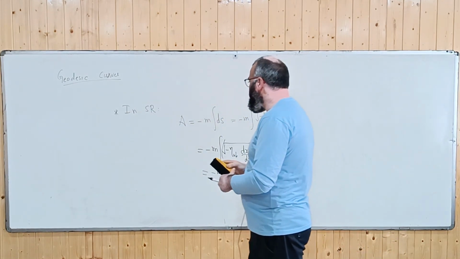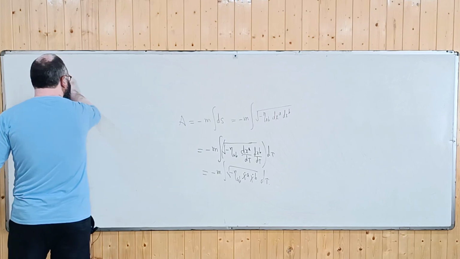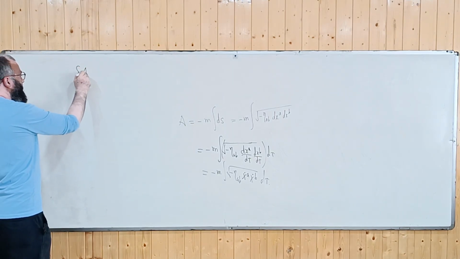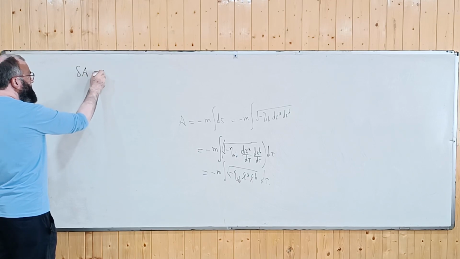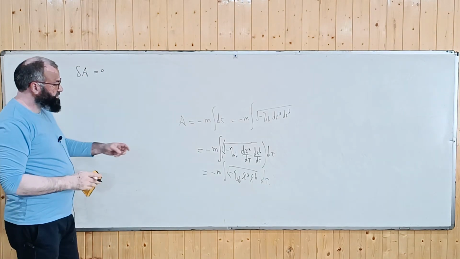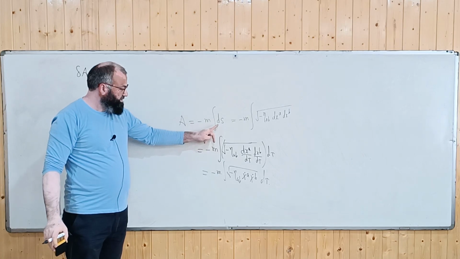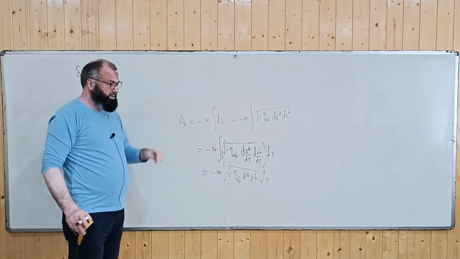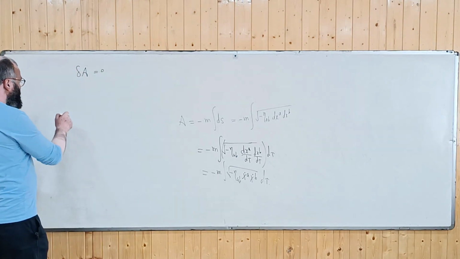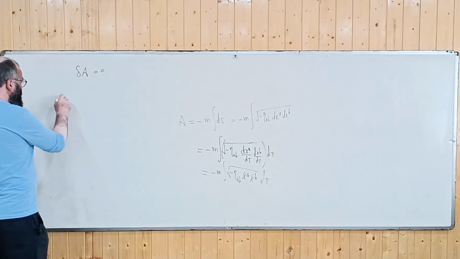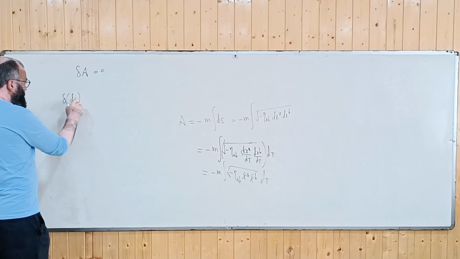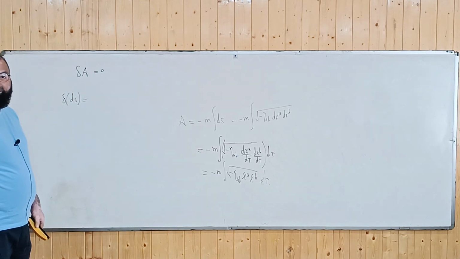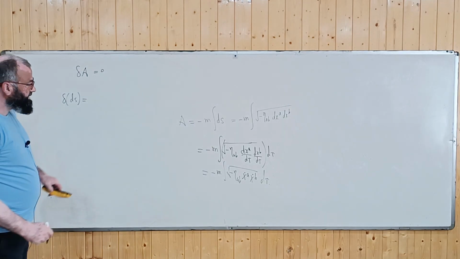Okay, so let me write this: variation of action is equal to 0. For that matter, when I take the variation of action equal to 0, I need to vary this ds, is it? So let me vary it. I can write the variation of ds. What is our ds? Just tell me what is our ds?